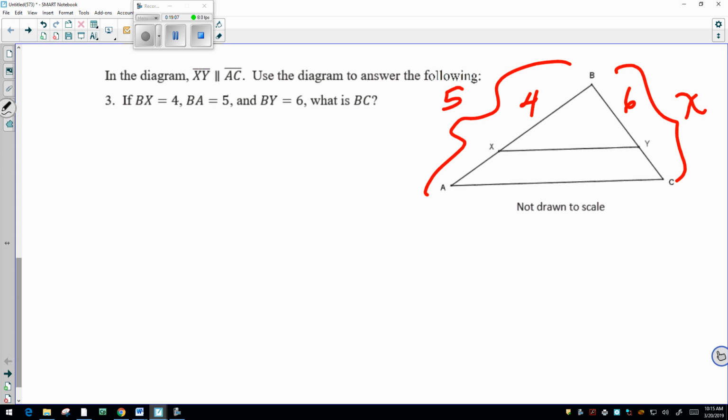So I could call that x if I wanted to. Okay. Give me a proportion that we could use. 4 over 5. Good. And if you solve, you could solve this immediately, and this would tell you that x is 7.5. And you're done. Probably good. Questions?